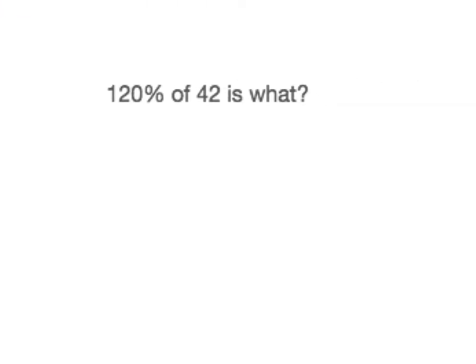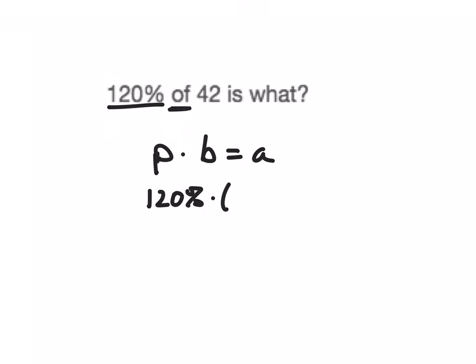Let's take a look at another one. This one is read a little bit easier. It says 120% of 42 is what? So again, I'm going to write down P times B is equal to A. My percentage is 120%. So 120% of 42, of meaning multiplication here, so of 42 is equal to A. Now again, I have to take 120% and turn that into a decimal, so I'm going to move my decimal place over 2 units.